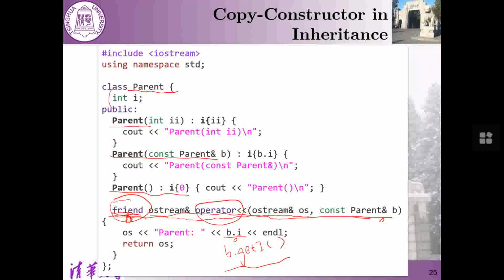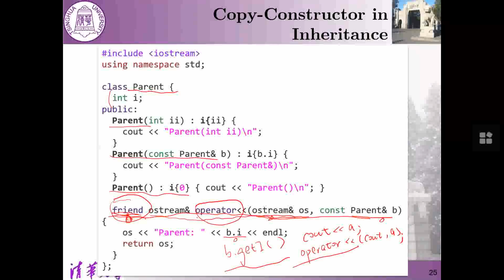And for this operator function, for example, cout is an object of a derived class of ostream. If we say cout A, then actually we are calling operator cout A. So we are calling this function.